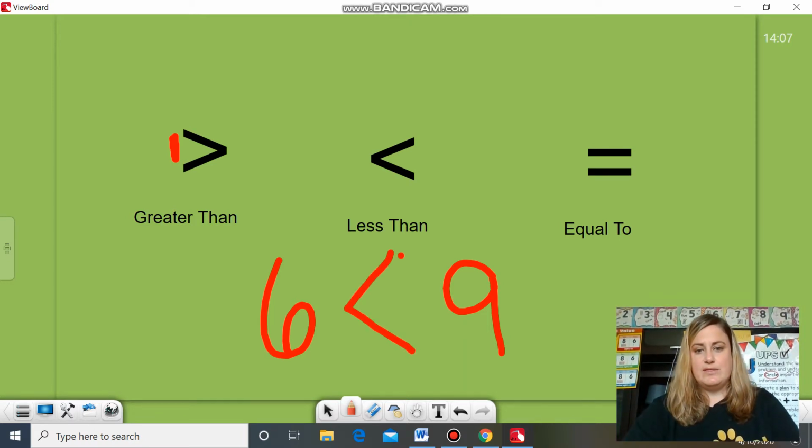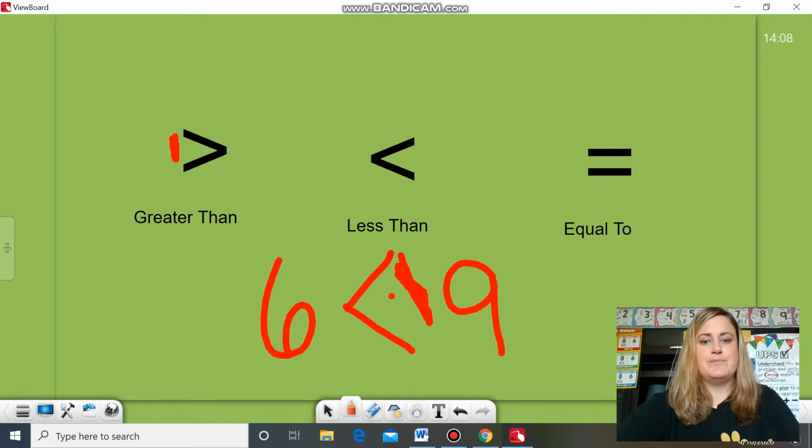So again, this bigger opening is towards the bigger number, but on this side, the opening is towards the lesser number, the smaller number. So this is the less than. If the sign is going this way, it's less than. If the sign is going this way, we say greater than.